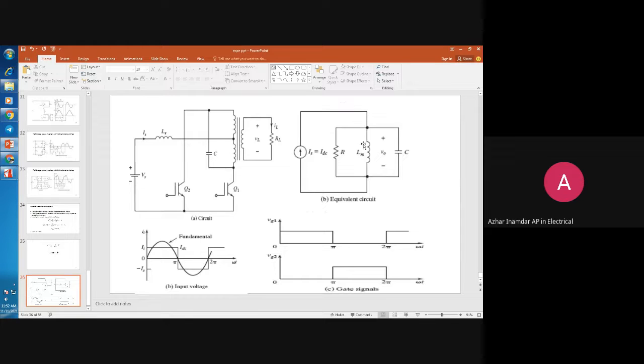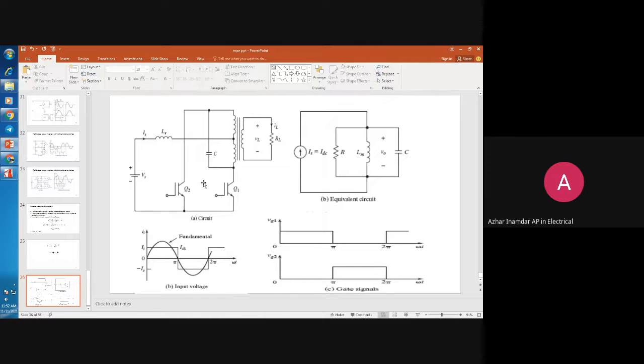So now this capacitor C is charged to twice the Vs voltage with this polarity. In the second cycle, when Q2 is turned on, the voltage source Vs is applied to the upper part of the primary, and the commutating capacitor C applies a reverse voltage equal to twice Vs across the device Q1, and Q1 turns off.